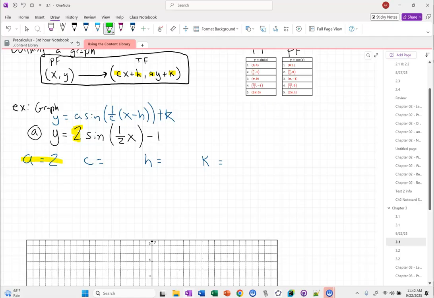Well, you're comparing it against the general form, yeah. So the C here should be two, the coefficient on the X.